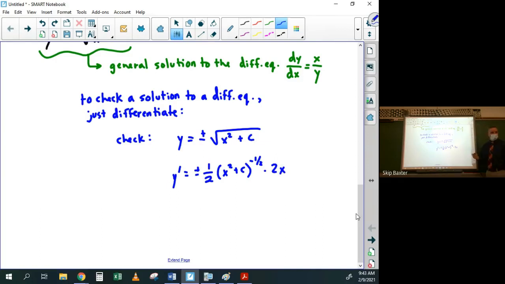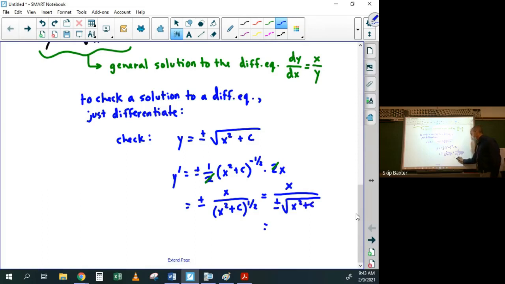Get that, correct? Well, look what happens. The 2 here cancels with that 2. And when it simplifies, this is really plus or minus x over x squared plus c to the 1/2. But this is x over plus or minus the square root of x squared plus c. It's x over y. So it checks out. Its derivative is, in fact, x over y.